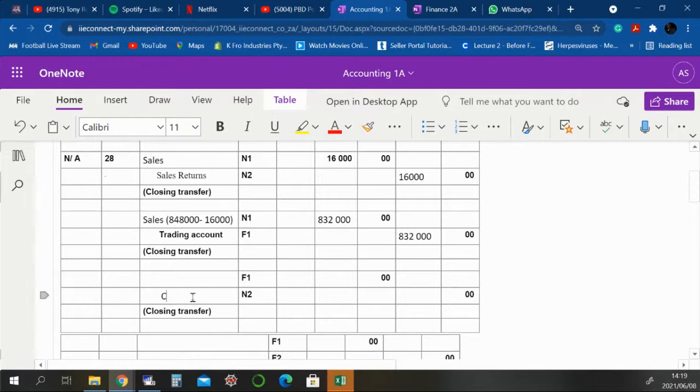So here I'm going to put COS, and the total on cost of sales is how much? 520,000. And then we know that that's getting closed off to the trading account, so we're going to debit the trading account.